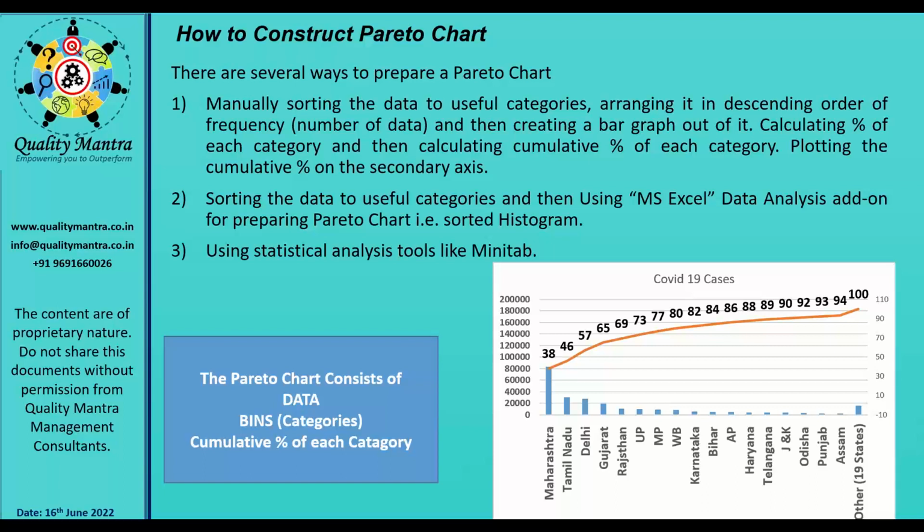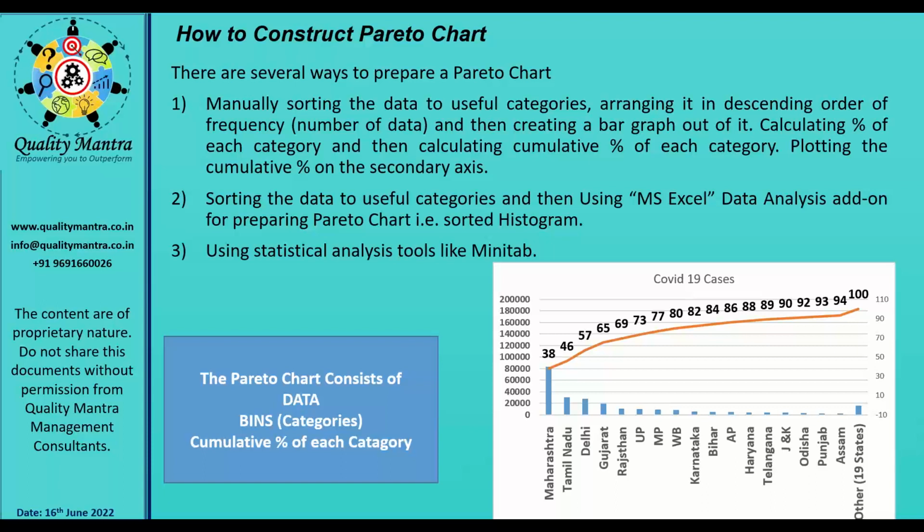You do the Pareto of that, and you find out what are the major reasons for the breakdown, and you do the brainstorming, find out the causes, and take action on that, so that you can reduce the breakdown very easily. You can reduce the overall tally very fast when you do the Pareto analysis.